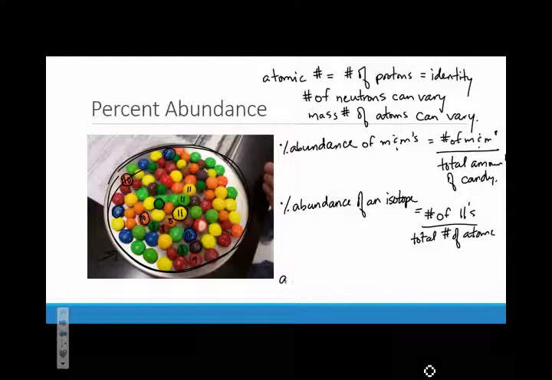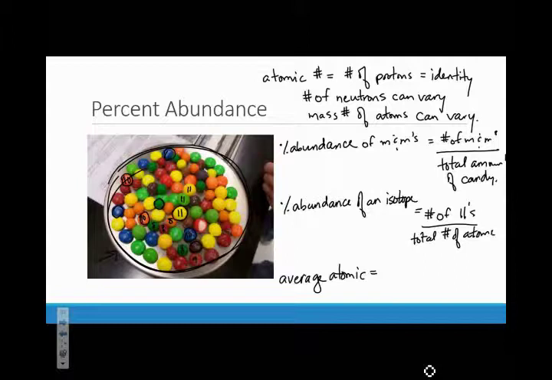And we can do that by saying average atomic mass. This is going to be a weighted average because I want to account for the fact that I don't have all of the same exact type of thing, and I don't have equal amounts of all the things.